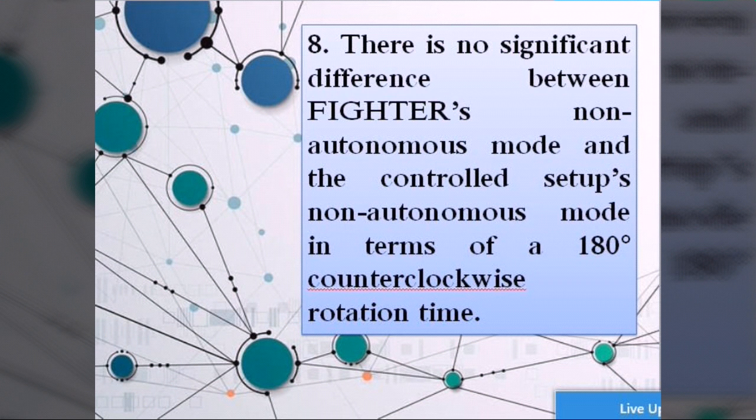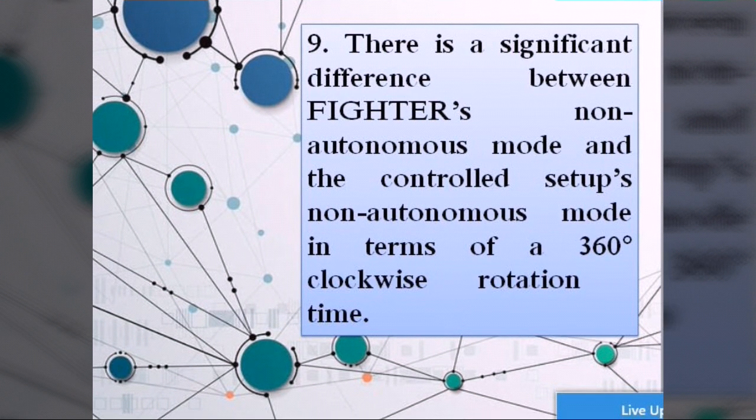Number 8. There is no significant difference between fighters' non-autonomous mode and the controlled setup's non-autonomous mode in terms of a 180-degree counterclockwise rotation time. Number 9.